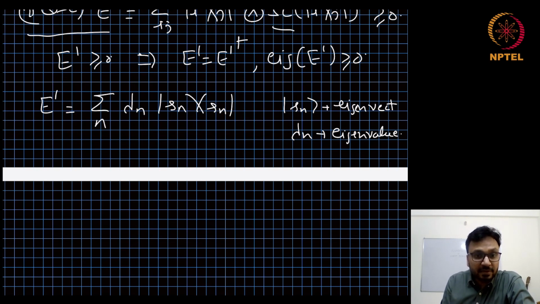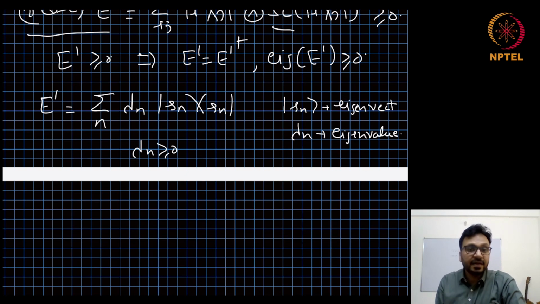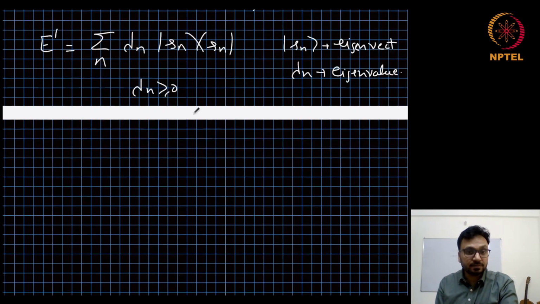Since E prime is a positive operator, lambda n's are positive semi-definite, and Sn are the orthonormal bases.